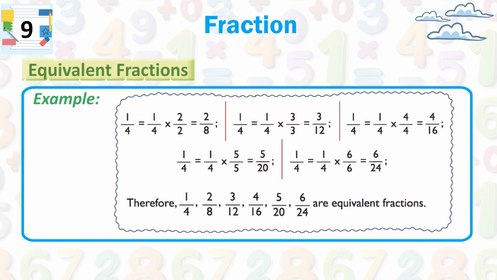Example, 1 upon 4 is equal to 1 upon 4 into 2 upon 2 is equal to 2 upon 8. 1 upon 4 into 3 upon 3 is equal to 3 upon 12. 1 upon 4 into 4 upon 4 is equal to 4 upon 16. 1 upon 4 into 5 upon 5 is equal to 5 upon 20. 1 upon 4 into 6 upon 6 is equal to 6 upon 24.